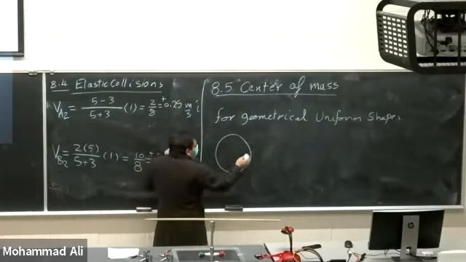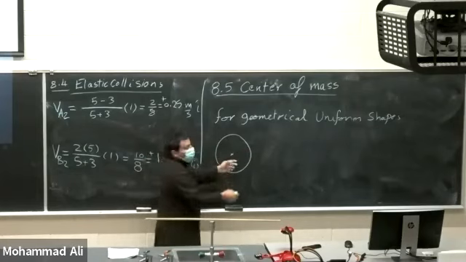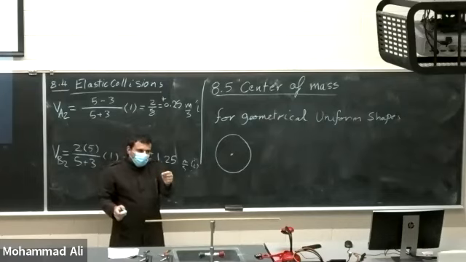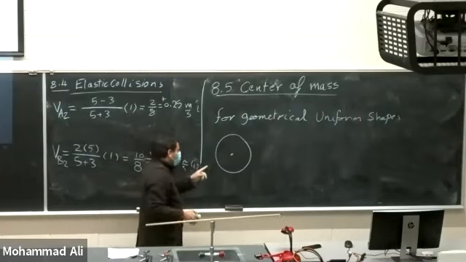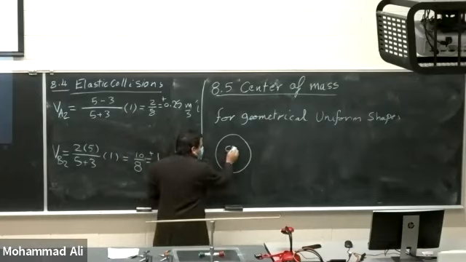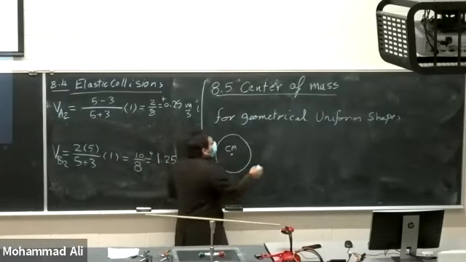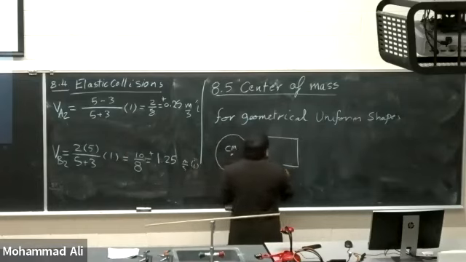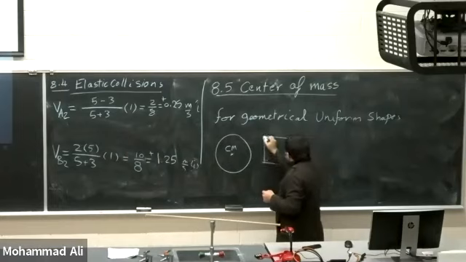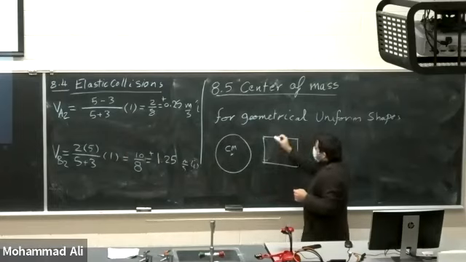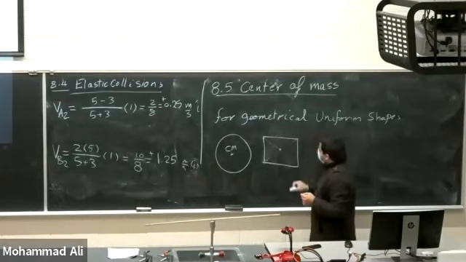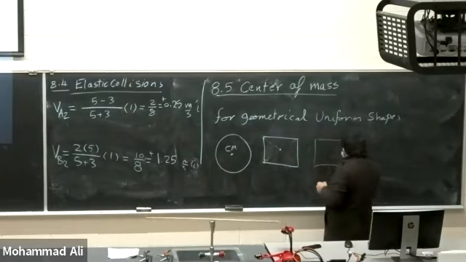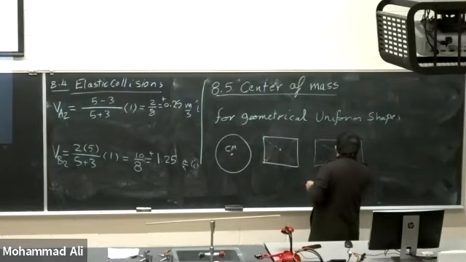Yes, sir. For a geometrically uniform shape, the center of that shape geometrically is the center of mass. This is the center of mass, CM. For a square, it is the intersection of the diagonals. Okay. For a rectangle, it is the center also.